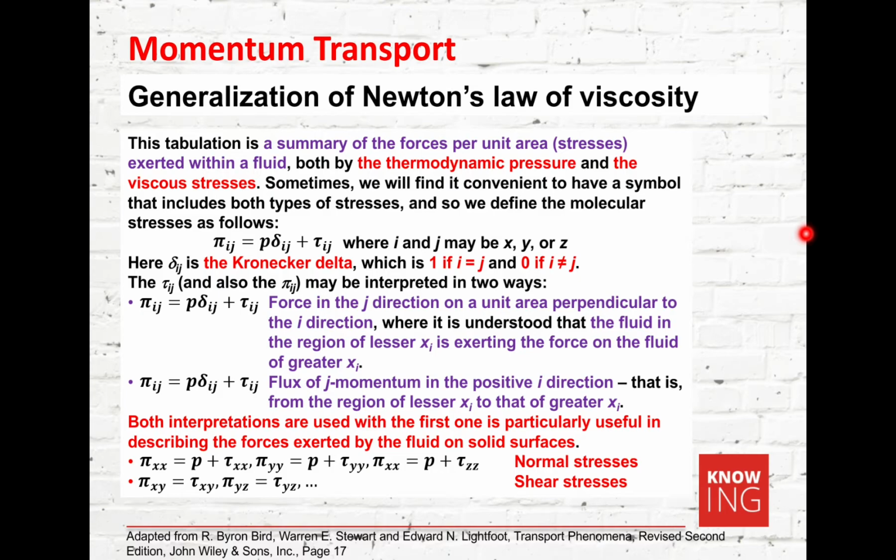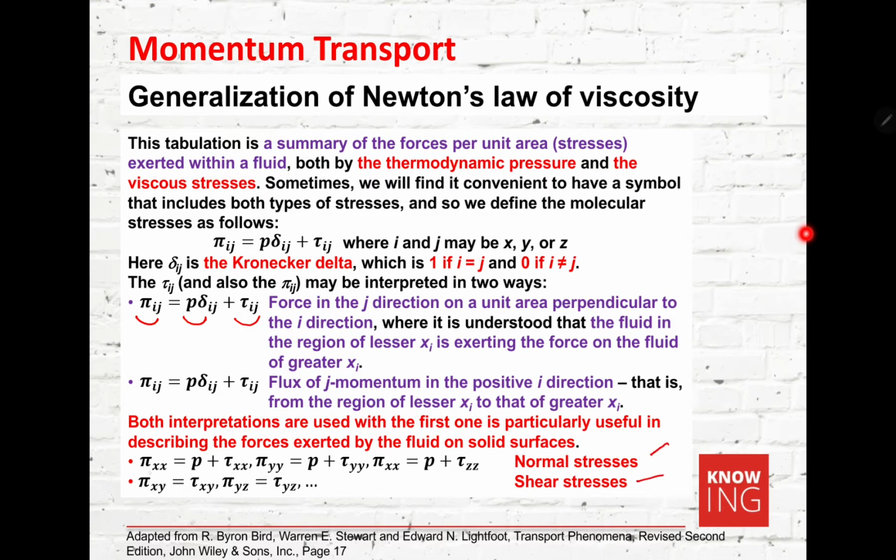Then if we continue ahead with our generalizations, we can say that our molecular momentum flux basically consists of the pressure with the viscous force. Okay, this one is called the normal stresses, and this one is called the shear stresses.